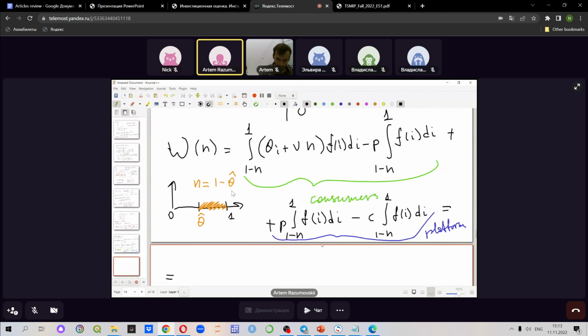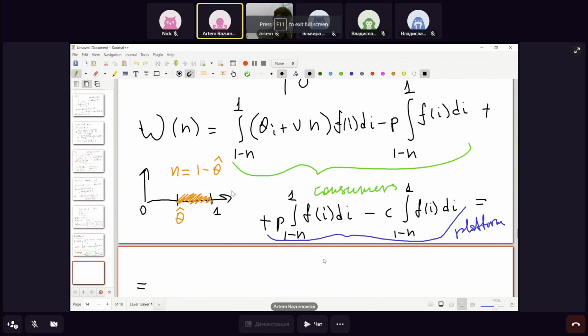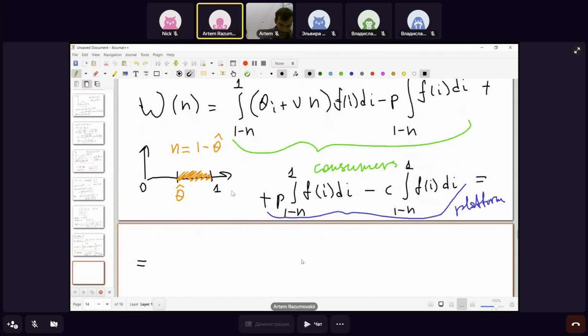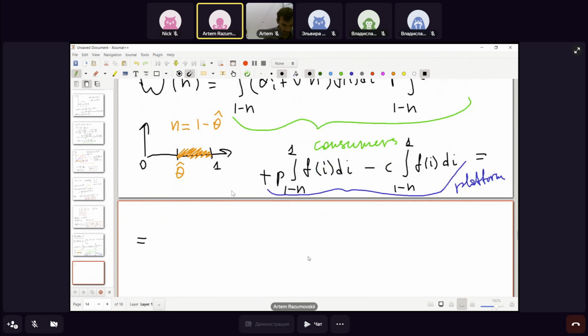So then we can cross out the price because it's just a redistribution of welfare. If you pay the price from the consumers to the platform, in total there is no change. That's why it goes out. So what we are left with is, let's integrate theta from 1 minus n to 1.